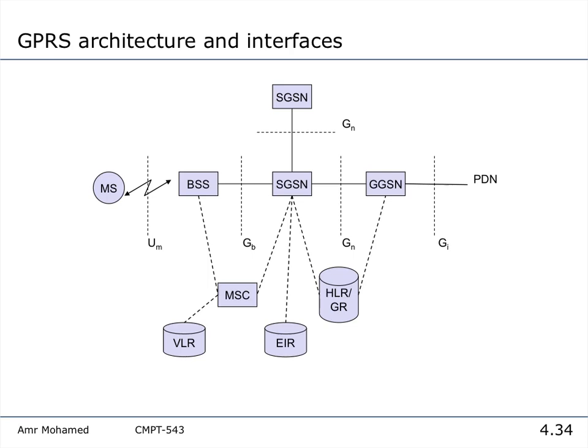Since the packets are sent with different behavior in terms of routing, there is no virtual circuit established, so the packets may encounter different behavior in terms of delay, dropping probability, and so on and so forth. So quality of service is not supported natively for packet switching services. Therefore, GPRS supported quality of service classes, and we talked about this.